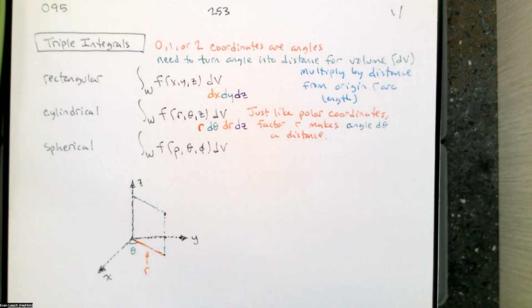Once with r d theta as a distance multiplied by dr, a distance multiplied by dz, a distance, now I have a volume.